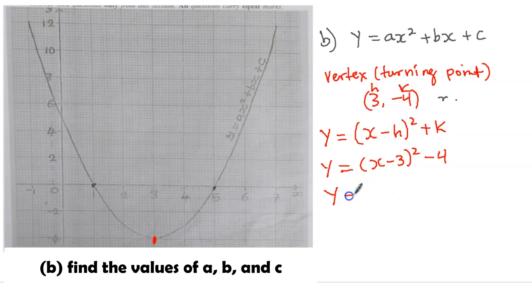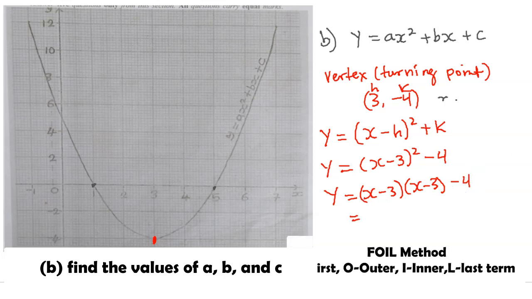And then from here, you expand this one to x minus 3. You write it repeatedly, x minus 3 minus 4. Then you apply the FOIL that we did with this times that. You get x squared. Then here, you get -3x. Multiply here another -3x.